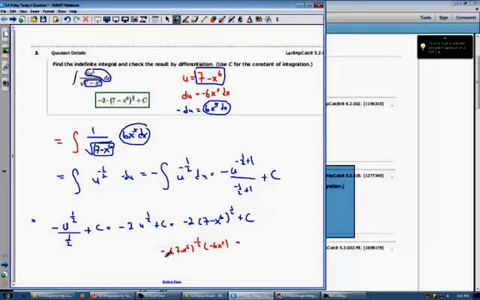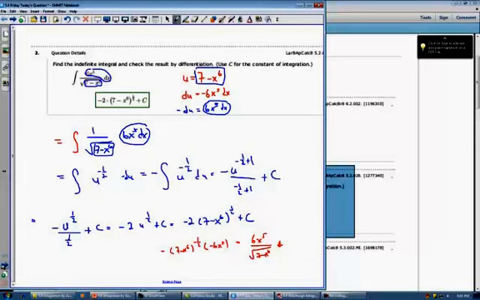And so what's going to happen? The negatives are going to cancel, and on top I have 6x to the 5th. And on bottom, because this is negative, I get the square root of 7 minus x to the 6, all plus 0. So that's exactly what I have here. So it checks, it's right.